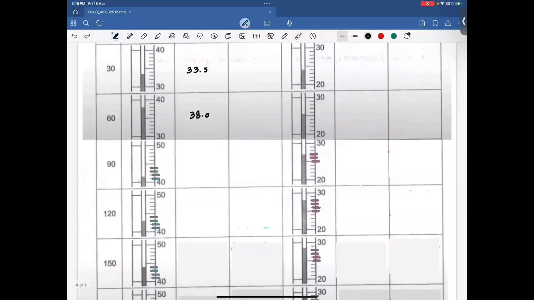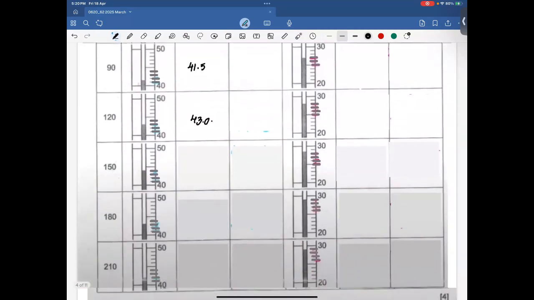Okay. Then 41, 42, 41, and this one is 42. Oh no, 41, and this one is 41.5. Then we have 41, 42, 43.0, 41, 42, 43, 44.0.